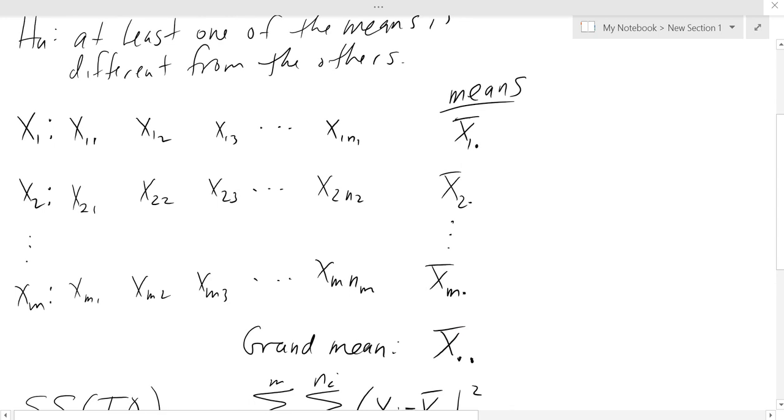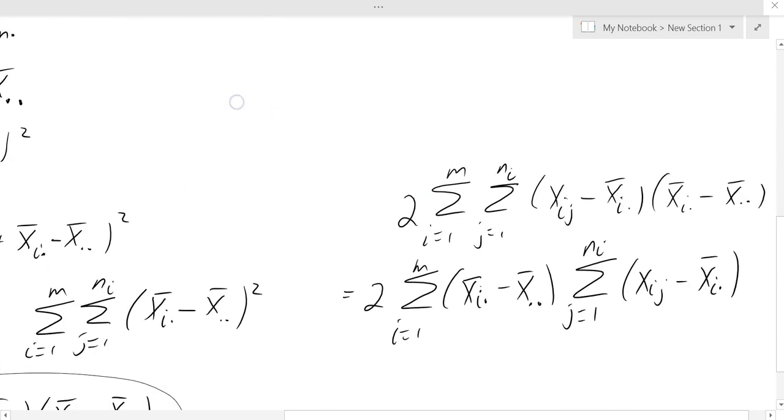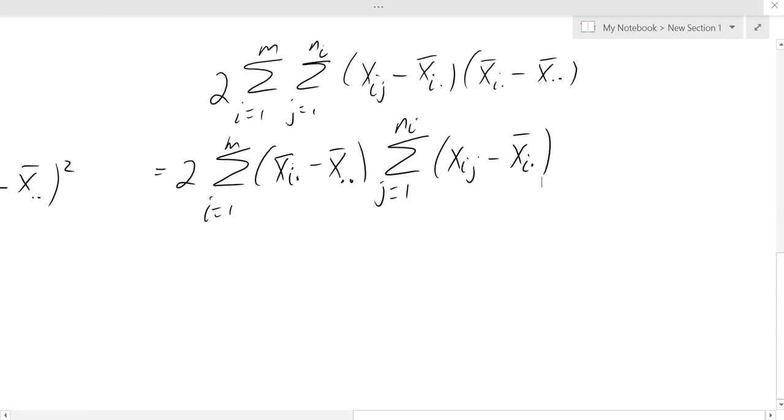Let's go back over here. How do I get this mean? You add those up and divide by the n, right? So x bar sub i dot is just the mean of these. I would add those up and divide by n sub i. That's how we get the mean, right? So if I go back over here, this is just n times that when I add it up.